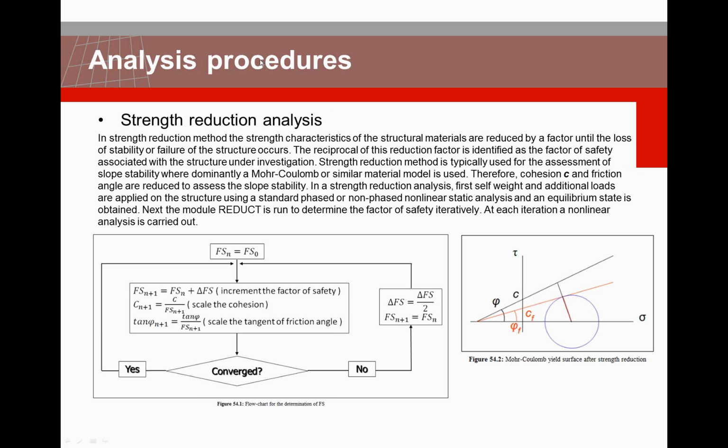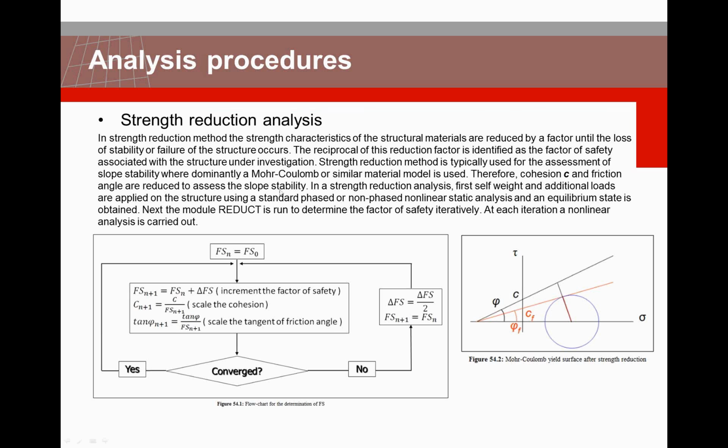A new analysis module that we offer is the module for strength reduction analysis, which is called Reduct, from reduction analysis. And this is typical for geotechnical analysis, in which the user can assess the remaining capacity that's in the model before failure occurs.